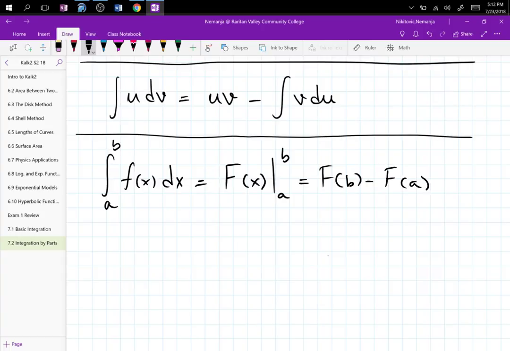So this is the fundamental theorem of calculus part 1, and it is the way to compute the definite integral. Please note that you have all x variables.